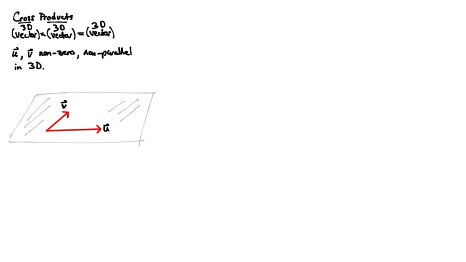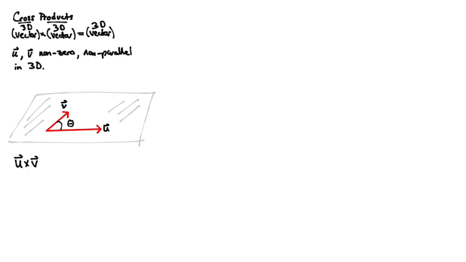If they're parallel to each other, the best I can do is kind of form a line with those two vectors, but if they point in somewhat different directions, I get a plane in space that they form. Now, there's an angle between those two vectors. We'll call that theta as we have in the past.